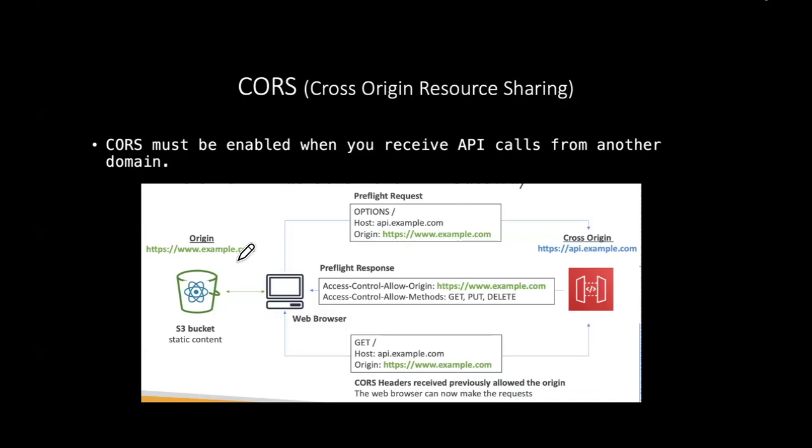So in the image, I'm just giving you a typical scenario. Let's suppose we've got a React client. This is the React logo and it has a domain name, which is different from the domain name of your web API. And so we need to configure CORS for our web API, indicating whether it accepts requests from this domain name or not.